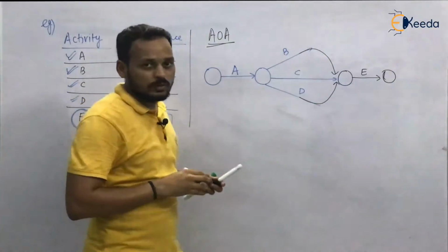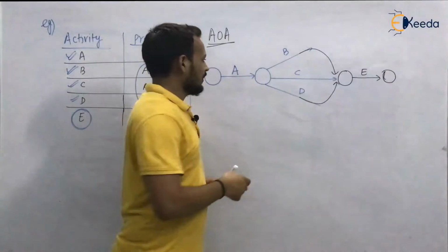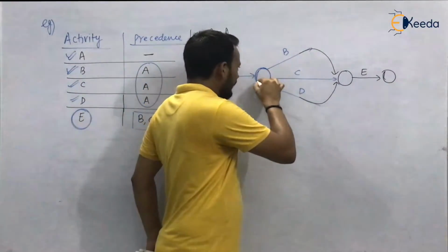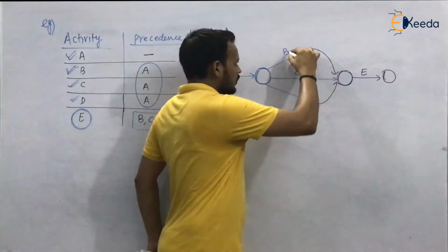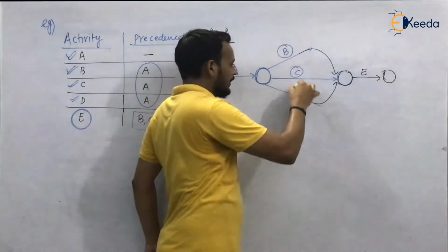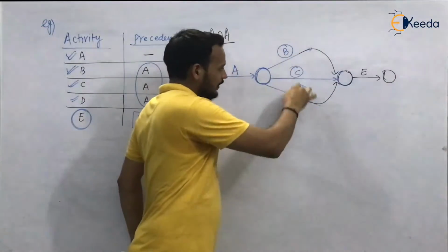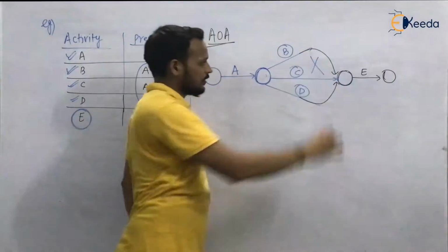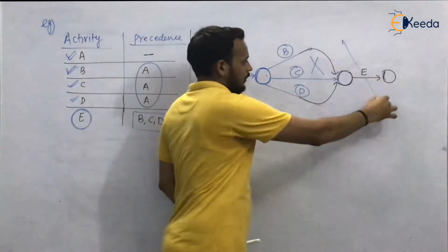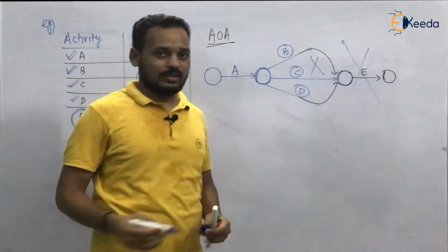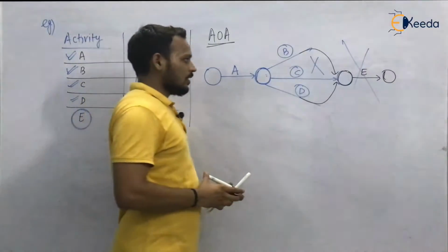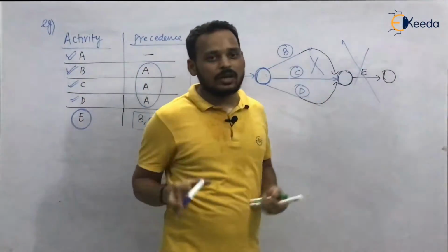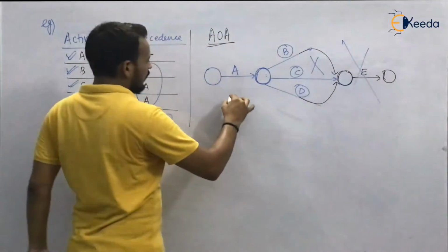But when you look at the rules, this is a tail event and this is a head event. Activity B, activity C, and activity D all have a common head and common tail. So this is a wrong network diagram. You cannot draw it like this. So we know that if these things come in a network diagram, then we will use what?